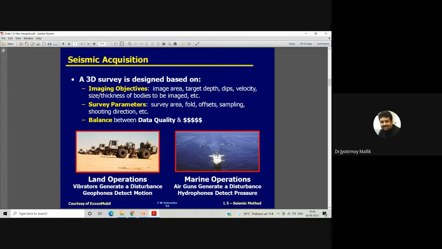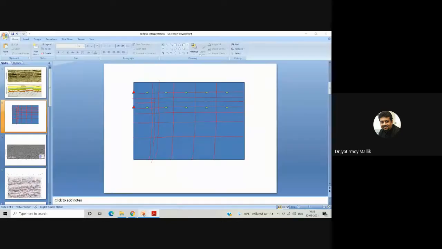So what happens in marine operations, of course, is that air guns generate disturbances, the acoustic collision that we have talked about, which are attached to these boats, and then you have hydrophones which are attached to these streamers. Now this particular boat makes a grid-like movement. In the picture that I have just drawn, the boat will start from here, go like this, and then like this, and while going it is shooting seismic and detecting data.